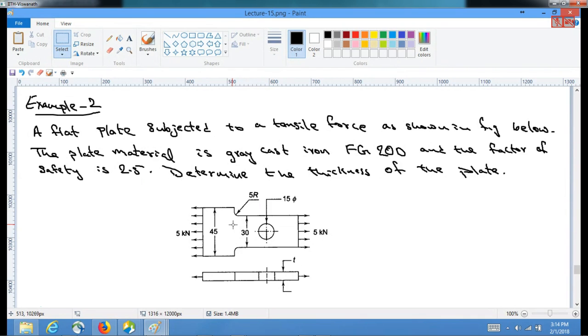So these two things will cause stress concentration. We design for both, and whichever causes the maximum stress will dictate the maximum thickness required for this given problem, right?